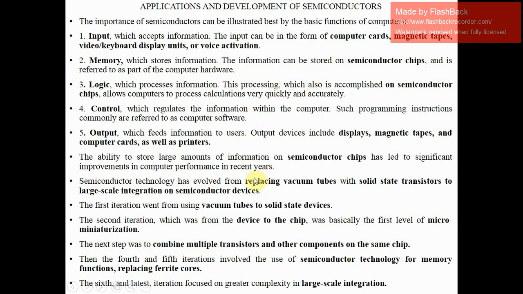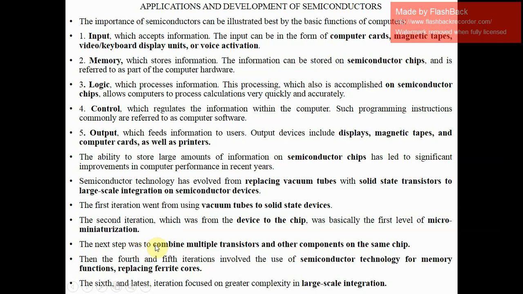Now I am going to tell all of you how semiconductor technology evolved, by replacing vacuum tubes with solid state transistors, to large scale integration on semiconductor devices. There are some steps: in the first iterations, vacuum tubes to solid state devices, then device to the chip, which was basically the first level of miniaturization.